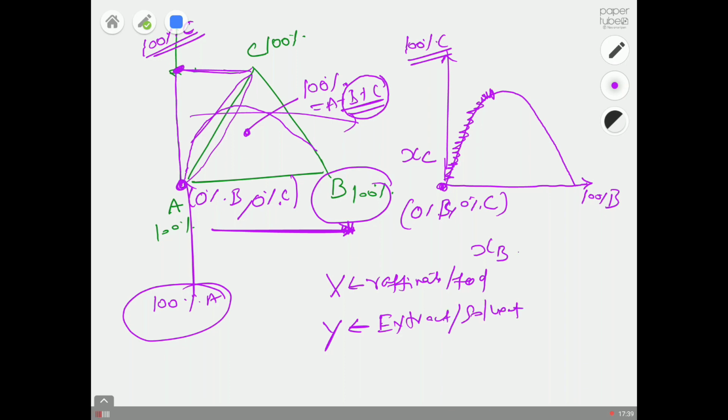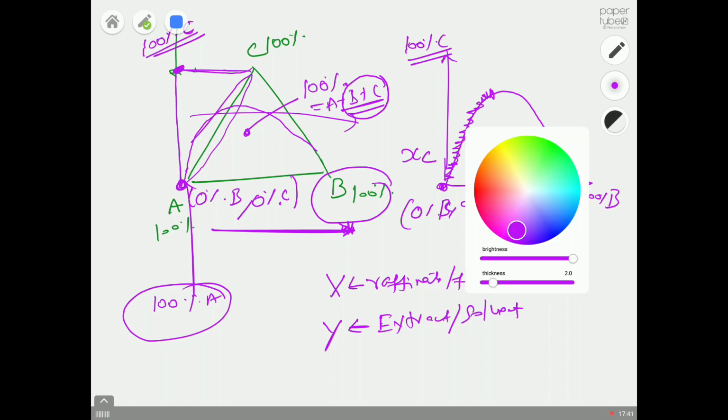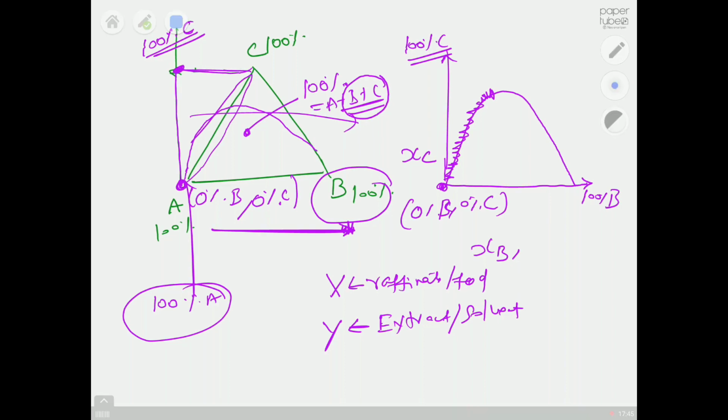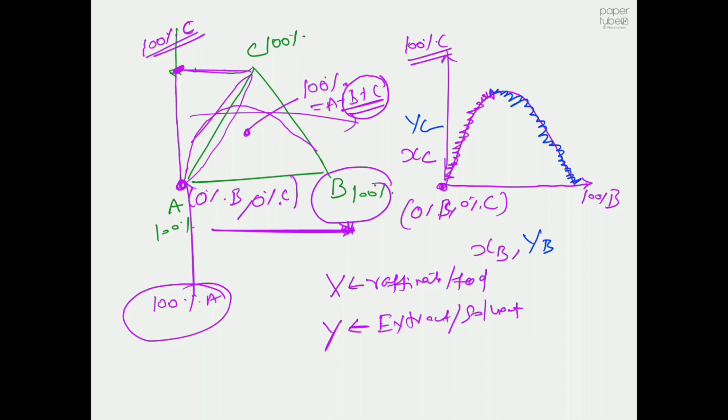And if you plot YB versus YC, you will get the other side of your phase separation line. This will be your extract arm, and then both will meet at a plait point. So we need to plot this one in order to solve this problem.